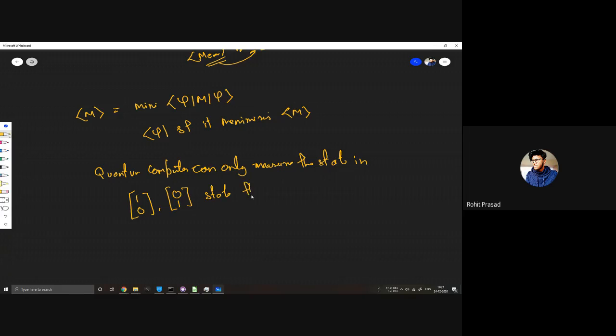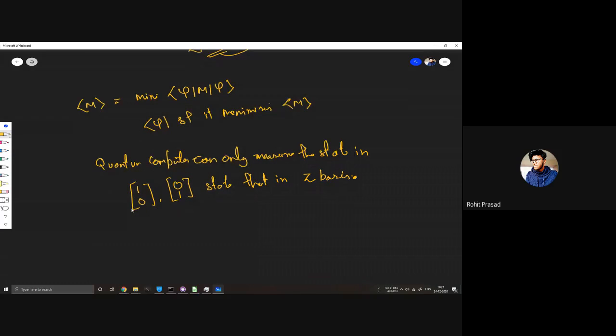That's in the Z basis. So we can't just take M and put it in the circuit and get all this. That's why we need to decompose it in a form that can be measured in the Z basis.